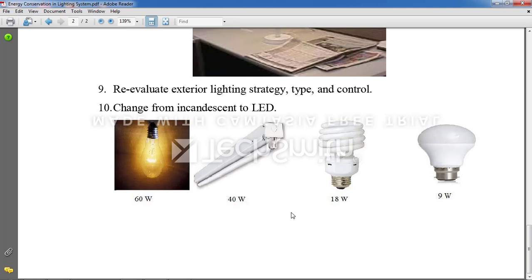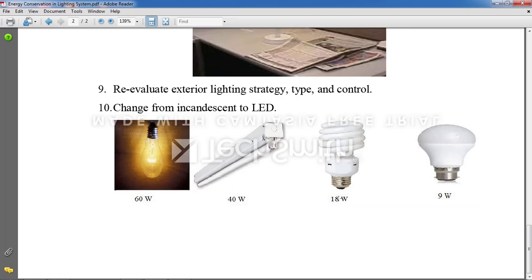Then there was the invention of CFL, compact fluorescent lamp. This CFL consumes only 18 watt, meaning we reduced the consumption from 40 watt to 18 watt.